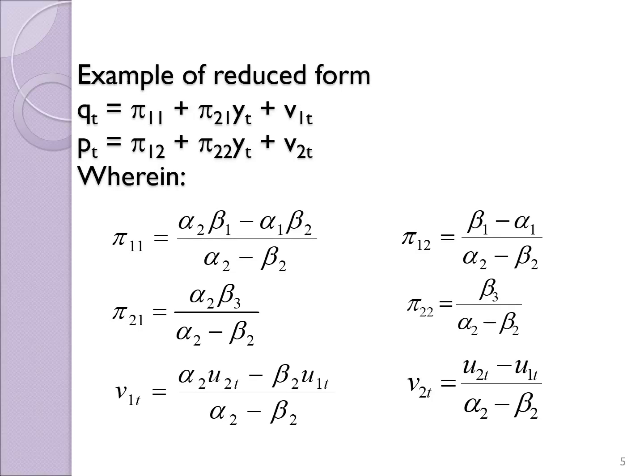And the good thing about these reduced form equations is that we can estimate pi_11, pi_21, pi_12, and pi_22 using ordinary least squares. That is the good news. The bad news is that sometimes we cannot recover the alphas and betas because the relationship between alphas and betas is not that straightforward.